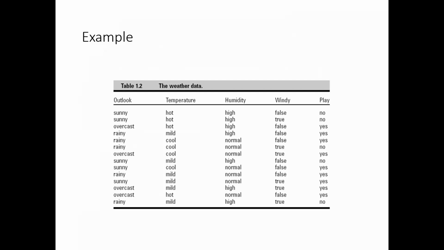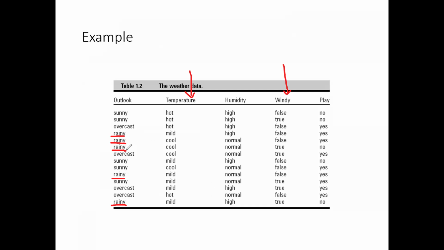So the outlook is rainy, right? So you have to look at rainy. So these are the records that we have in that branch. How many? 5 records. We have to select either temperature or windy, right?